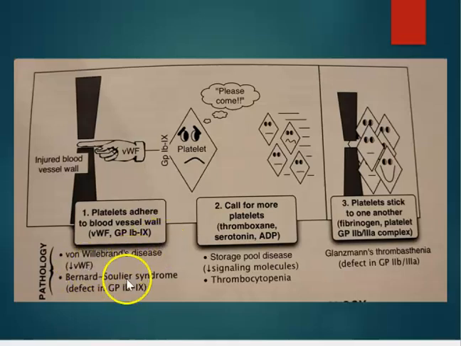If you have a defect in your surface receptor on your platelet, the GP1B9, you may have the Bernard-Soulier syndrome. Okay. If the platelet calls for more platelets, you may have a storage pool disease or thrombocytopenia. Okay.